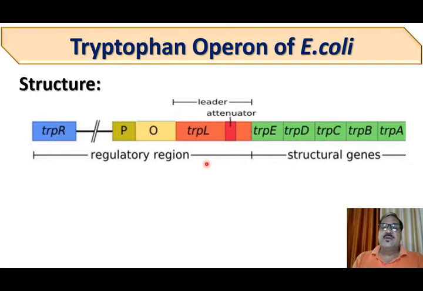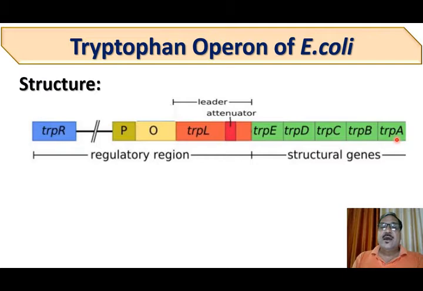In E. coli, 5 structural tryptophan genes are present, namely trpE, trpD, trpC, trpB, and trpA. They encode enzymes that synthesize the amino acid tryptophan. These genes are expressed efficiently only when the tryptophan level is low in the medium.